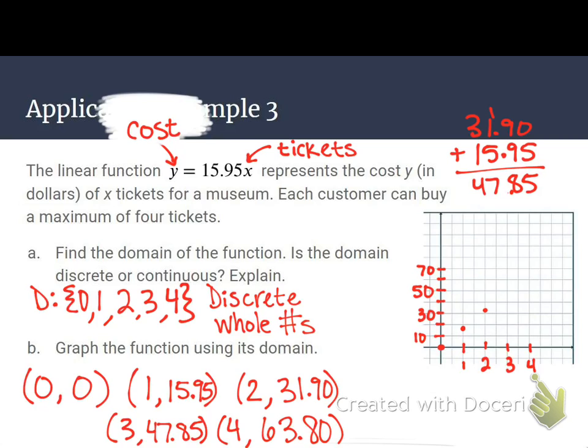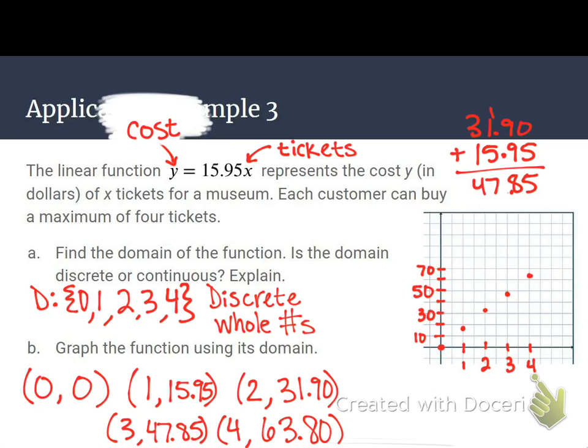At 3, I'm at 47.85, so I'm going to be between which 2 numbers? 40 and 50, but probably a little closer to 50. And at 4, I'm at 63.80, so I'm in between 60 and 70, probably a little closer to 60.